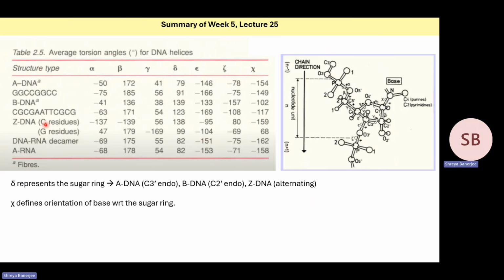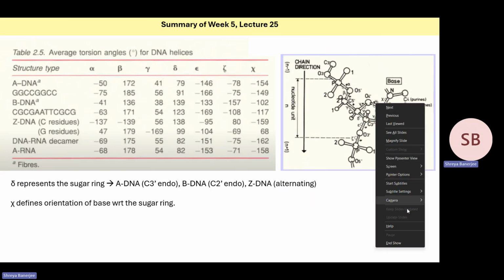So A, B, and Z DNA can be distinguished by the different torsional angles. If you look at this structure, which I showed a few slides ago, different torsional angles are defined. You can see each torsion angle is shown by this kind of arrow and a term. So suppose we look at delta.